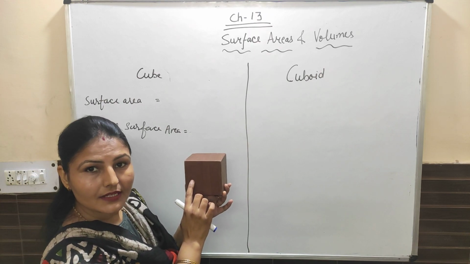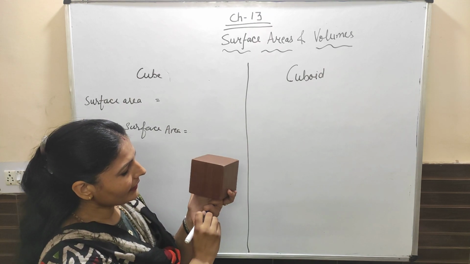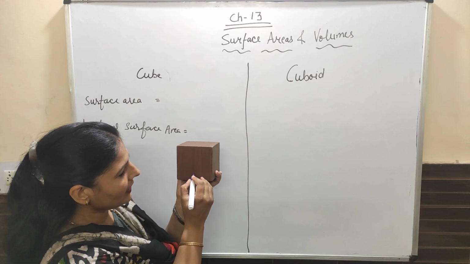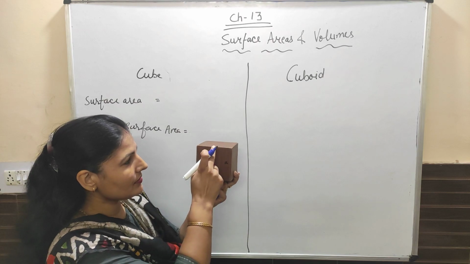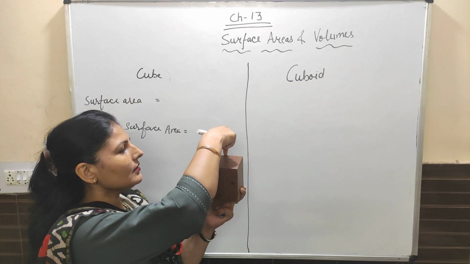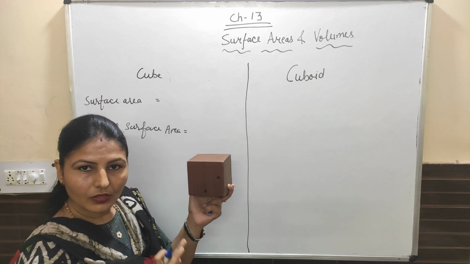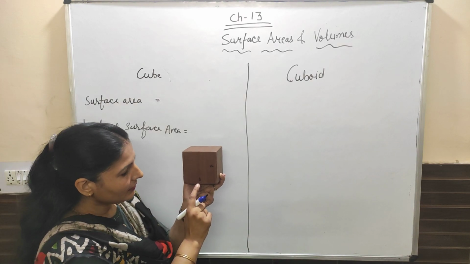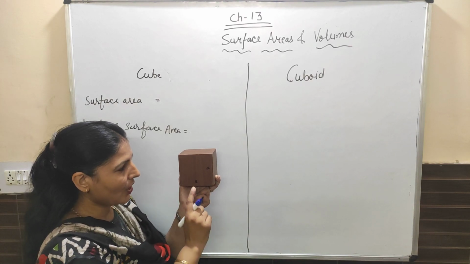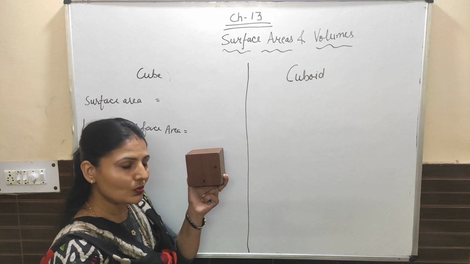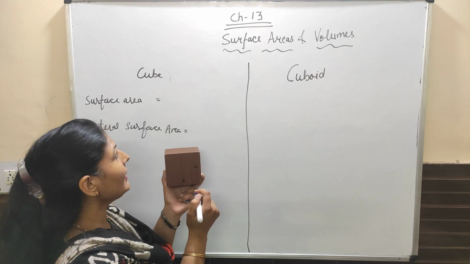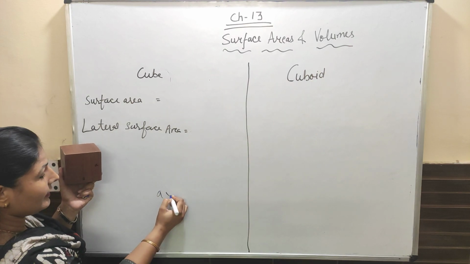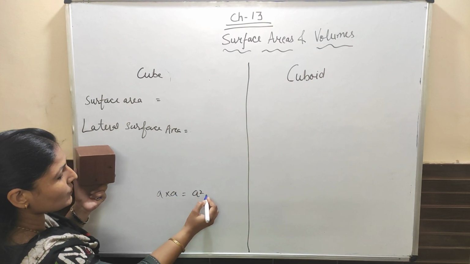Area of a square is side into side. Let the side of this cube be a. This is also a because all sides are equal. This is also a, this is also, and this one more. All are equal. Now how will you find the area of this square? Side into side means a into a, which will be a square.